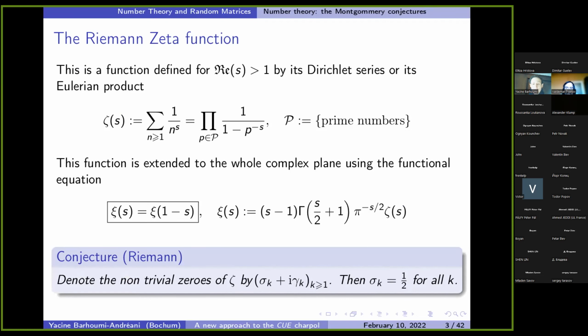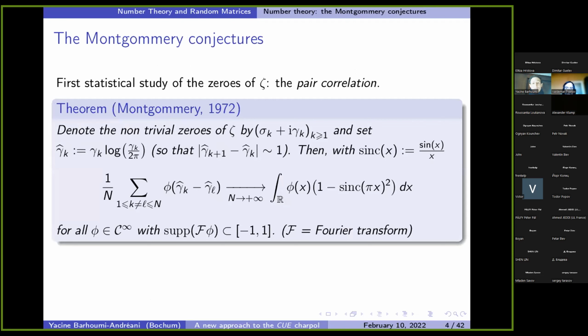So you can do a statistical study of the zeros of the zeta function. This was originally done by Montgomery in 72. You take the zeros, you don't necessarily suppose that the real part is 1/2, and you rescale them with the function x log x.